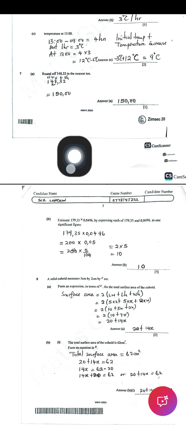Right. What you have to know is this seminar will assist those who have some weaknesses in mathematics, right?